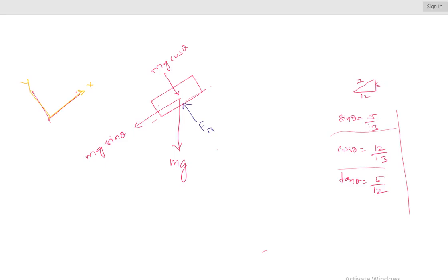Now, why mg cosine theta there? Let's do some geometry to find out. Okay, let's say this plank is inclined at theta, okay? And here is mg, just the weight of the body.